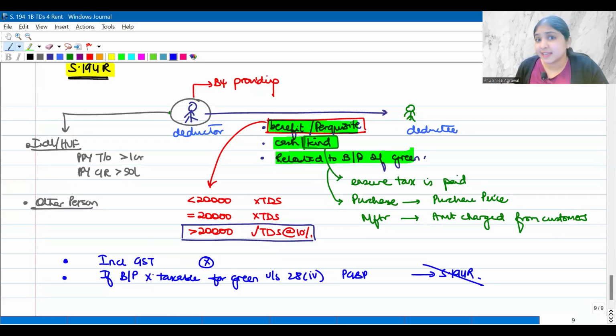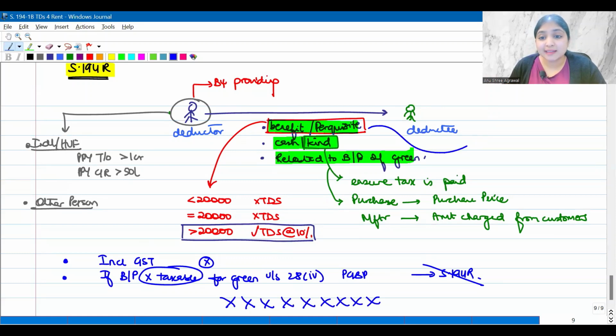Is it right to say that? Should blue check whether this benefit or perquisite will be taxable for green under 28 clause 4? The answer is no. You need not even check this. Whether the benefit or perquisite is taxable for green under 28 clause 4 or not does not even matter.